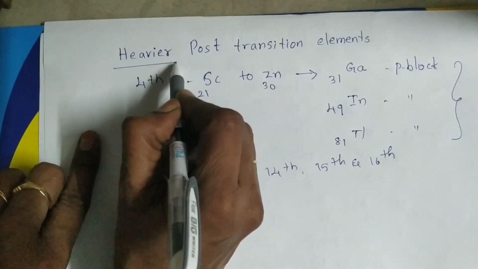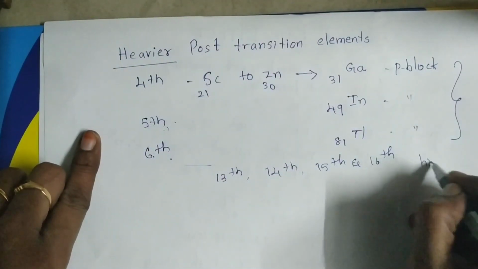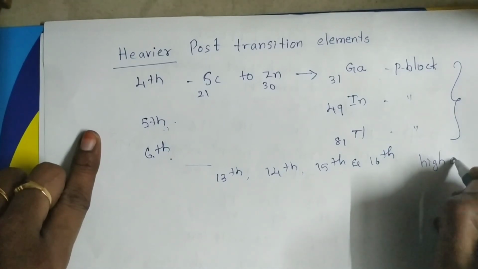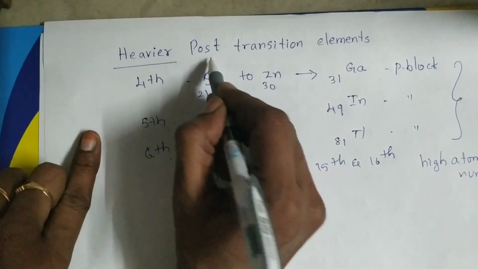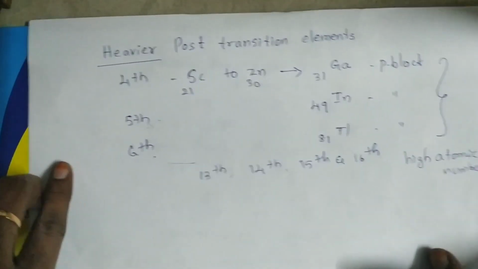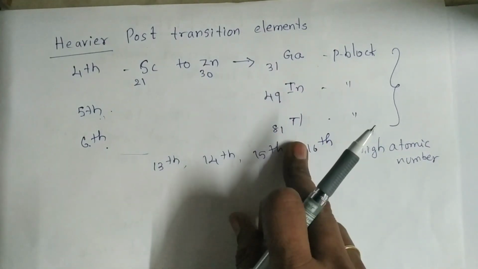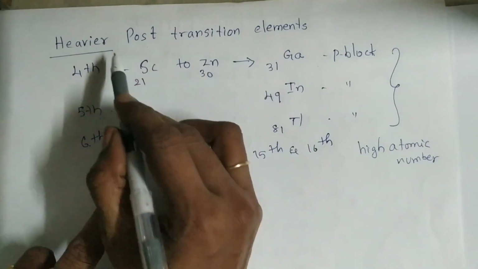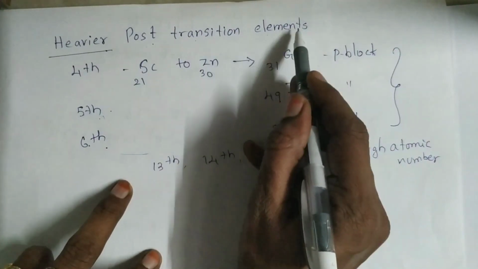Heavier in the sense that they have a high atomic number. And post means they come after the transition elements. That is the reason we call these elements heavier post-transition elements.